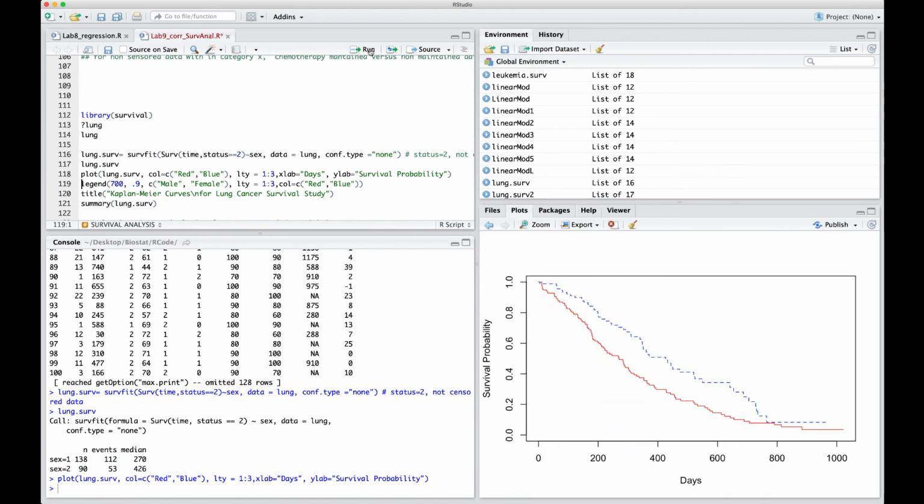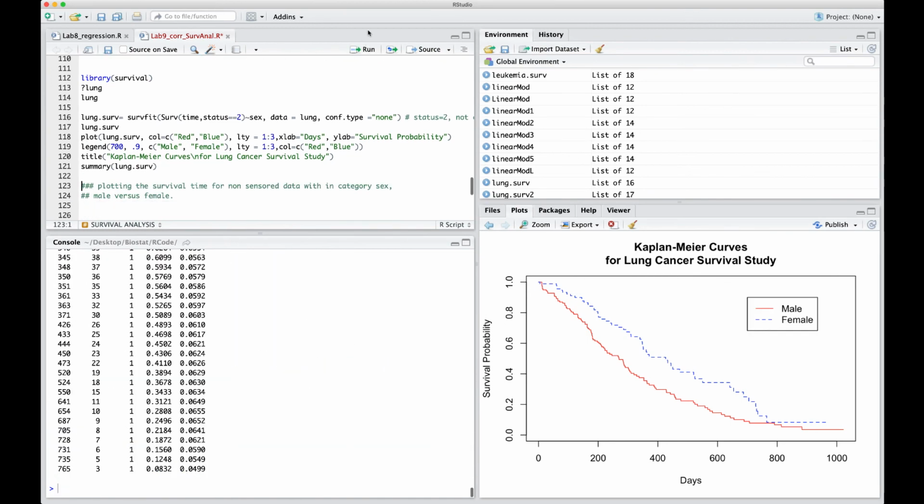Let us plot the overall thing. Red is for male and blue is for female, over the days. We are just checking the survival analysis for male versus female. You see that male has lower survival probability for all the days.